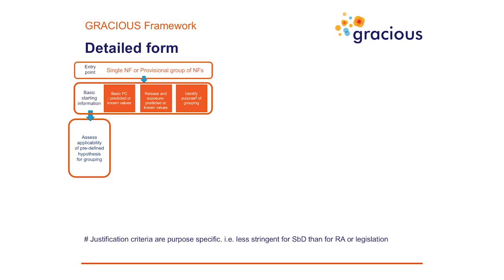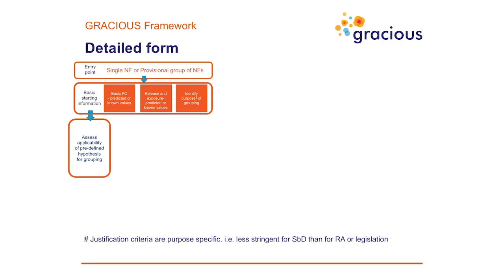So this is the same diagram again, but this time in a slightly more detailed form. So we have the same entry point of a single nanoform or a provisional group of nanoforms. The basic starting information is the same again. We have the purpose of grouping, the phys-chem characteristics, and the release or exposure scenarios.